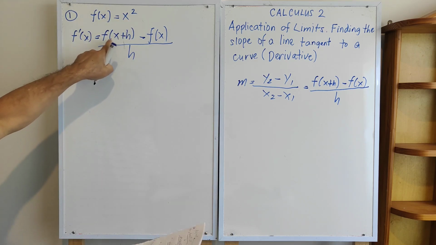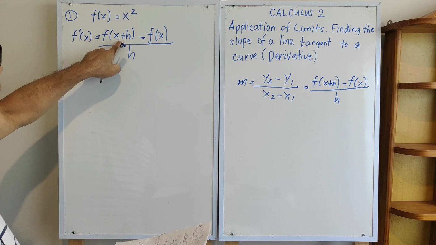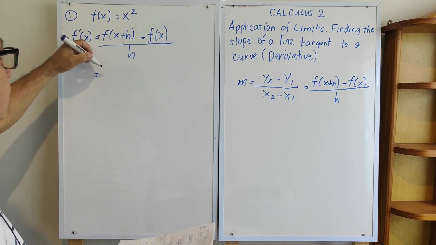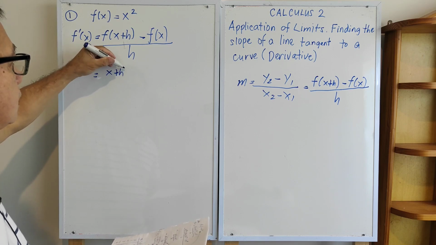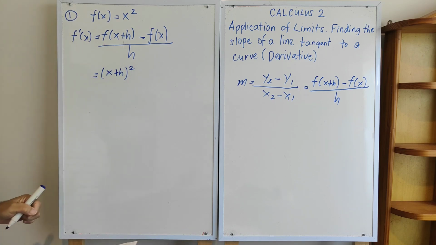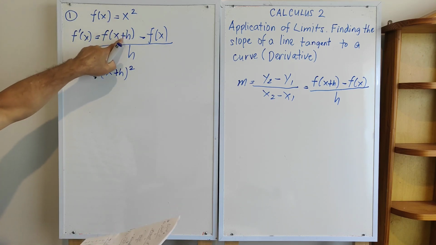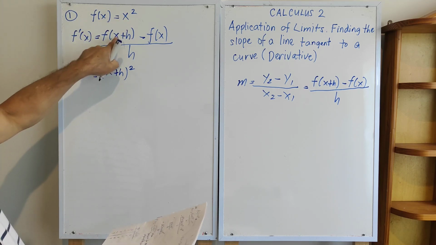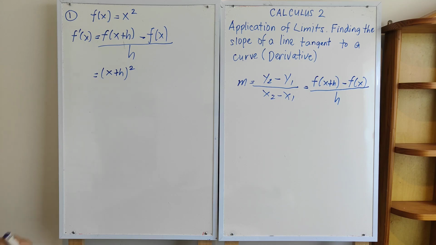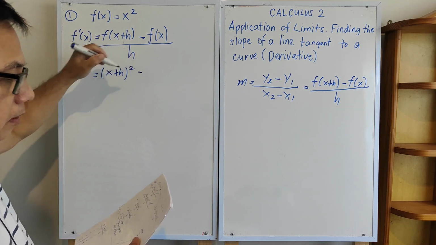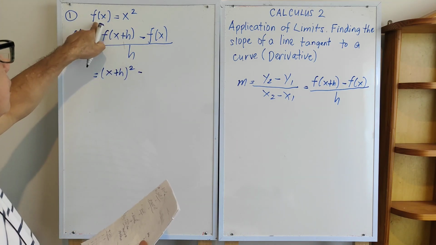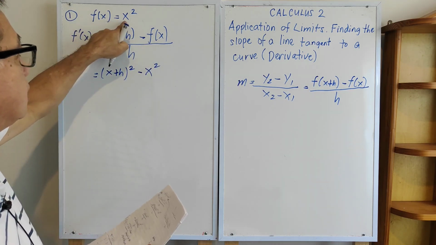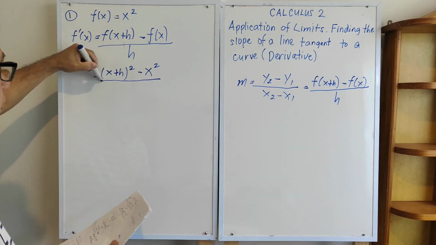So this will become x plus h squared. So whatever is the value here, you plug it into x. So your x is squared, so your x plus h becomes squared, minus, whatever the function of x is, x squared, so minus x squared over h.